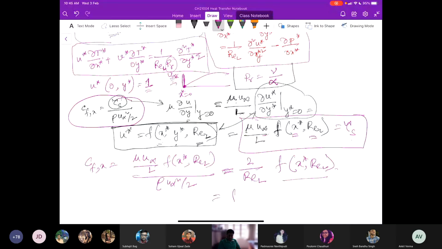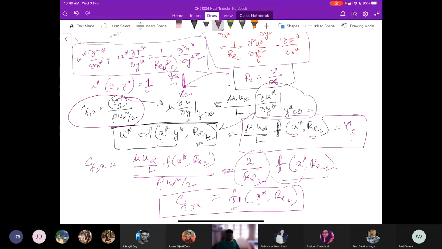Further, someone can write X star, REL, where basically this has been clubbed with this function, so that f is now f1, a different function of X star and REL.